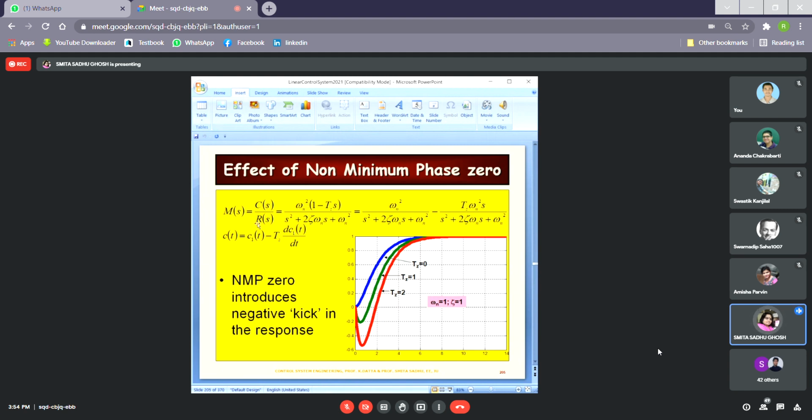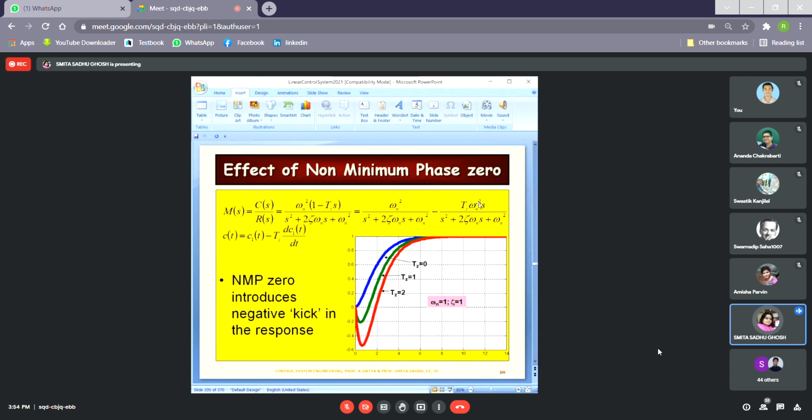So here, to the standard closed loop transfer function of a second order system, a non-minimum phase zero has been added, where the zero location, as you can see, is at plus 1 by tz, right? If we break it up into two parts, first is omega n square by this, and the second one is minus tz omega n square s by this.